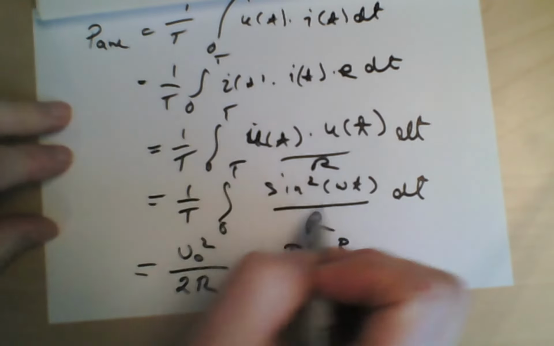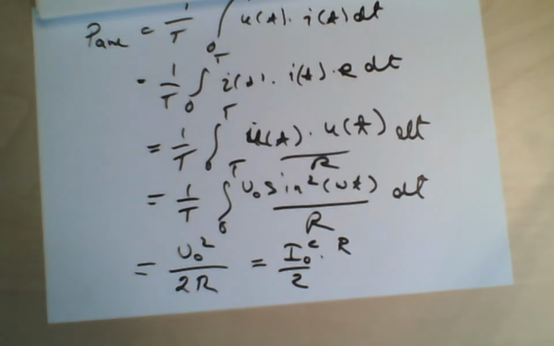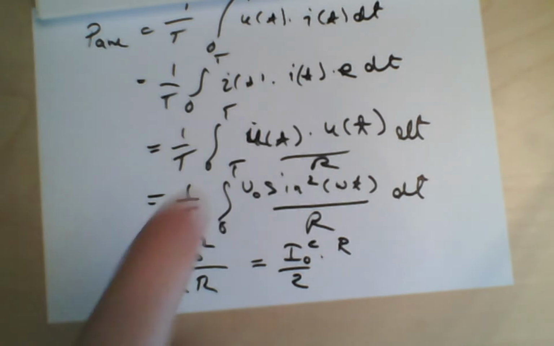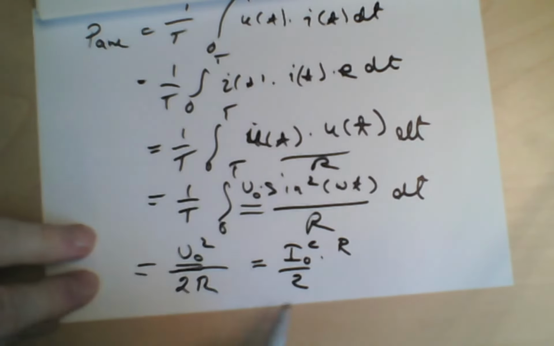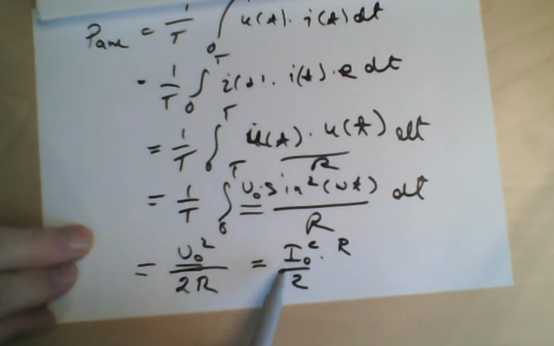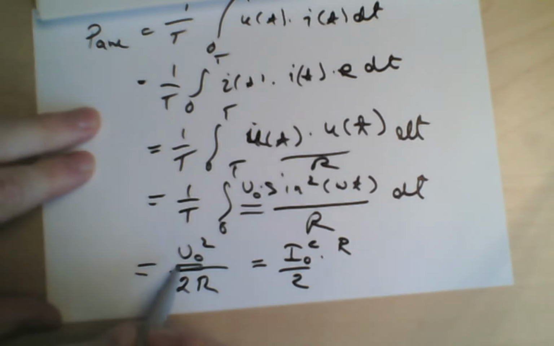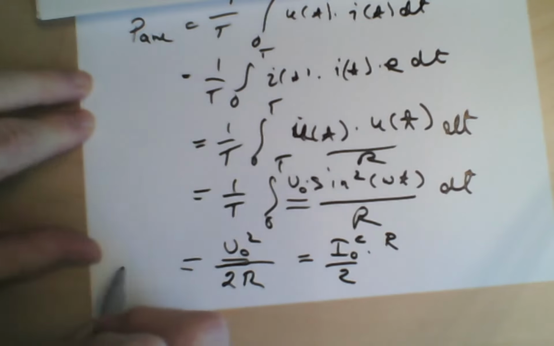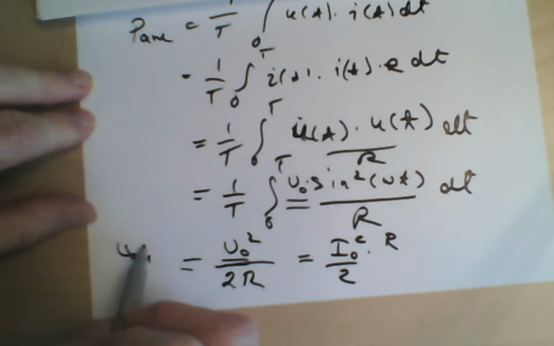If our sinusoid has the amplitude of u0, then the amplitude squared divided by 2R, or current amplitude squared times R divided by 2, would be the same as the corresponding RMS power over the same resistor.